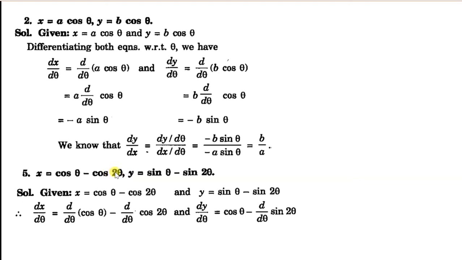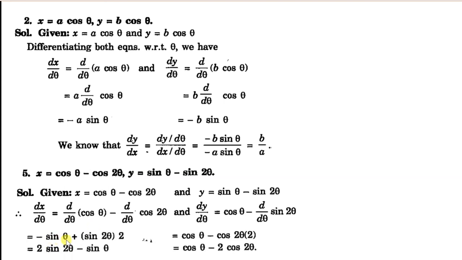Here this angle is a function of theta. So we get minus sin theta plus 2 sin 2 theta, and similarly dy by d theta becomes the differentiation of sin theta, which is cos theta, and the differentiation of sin 2 theta, which is 2 cos 2 theta. So we get cos theta minus 2 cos 2 theta. Then we find dy by dx by dividing dy by d theta by dx by d theta.